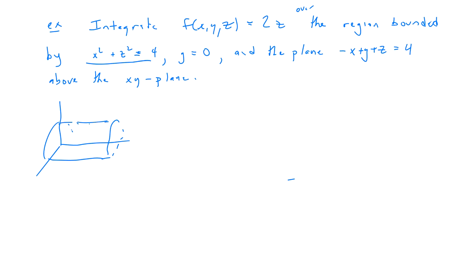Lovely half cylinder. And then it stops at the xz plane. And now I try to do the plane, which goes through the point (-4, 0, 0), (0, 4, 0).